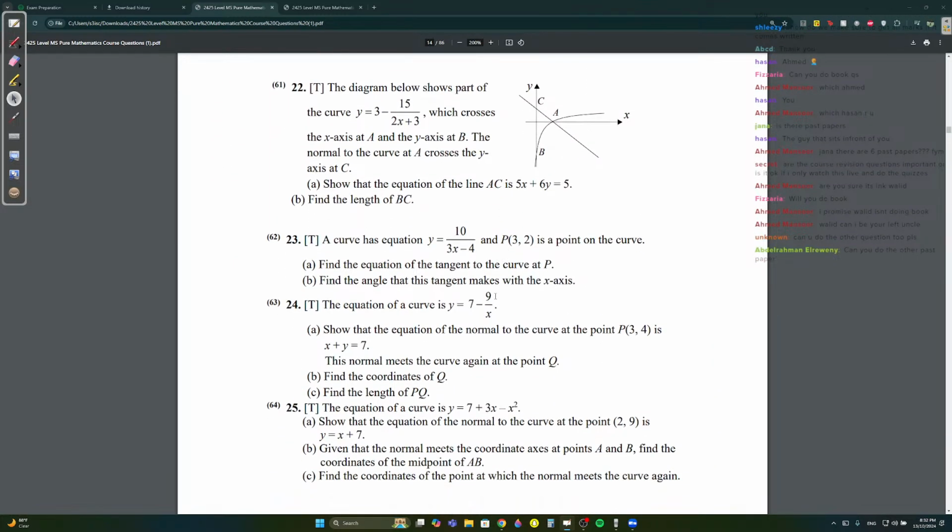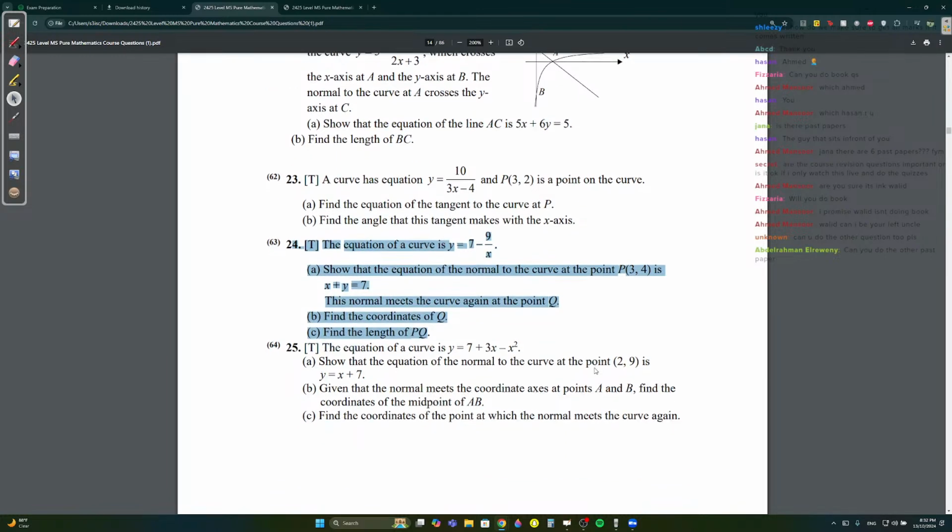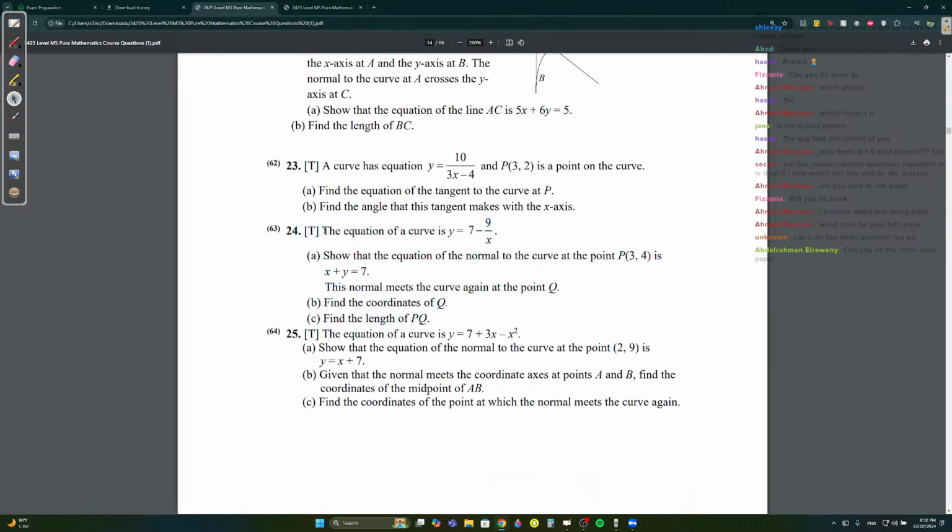It was exactly this question. This same exact question came last year, but the tops were required. This year they aren't. Solve this, solve it just in case. Okay, please make sure you know how to do this. It came last year in the written. They're not required this year, but just do it just in case.